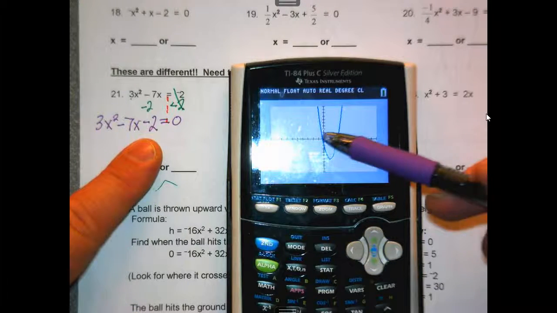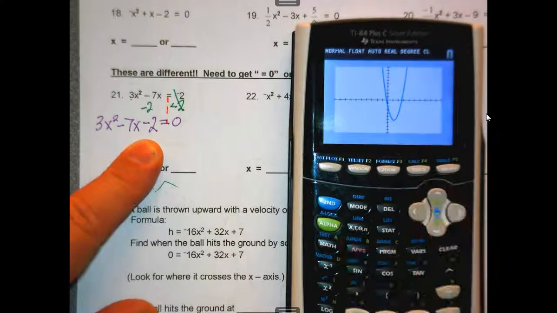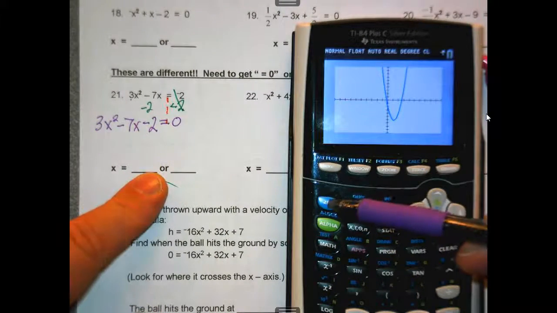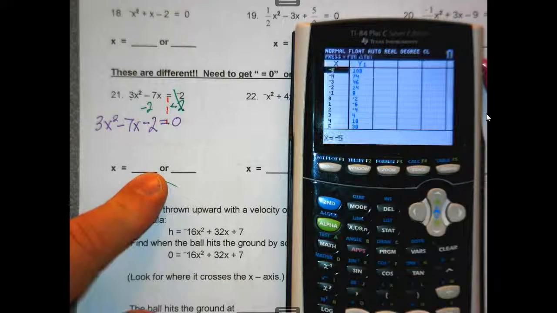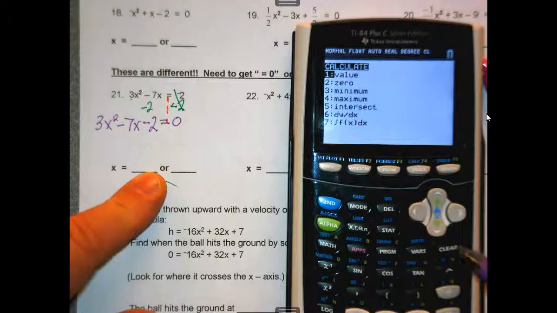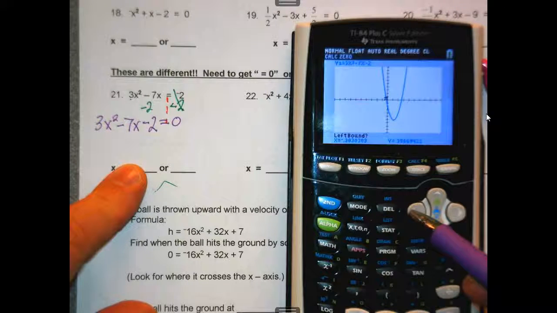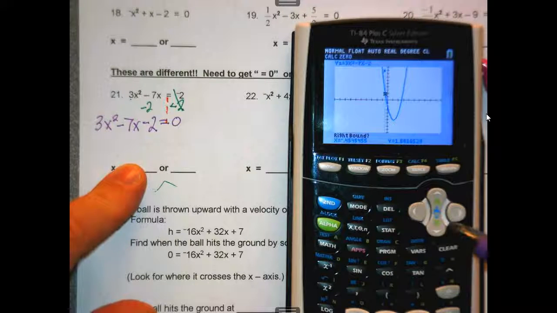And it looks like I'm going to have to do my left bound, right bound on both of those zeros. So I'm going to hit second trace, 0. Get to the left of that point for the left bound, hit enter. Get to the right of that intercept, hit enter, then enter again.